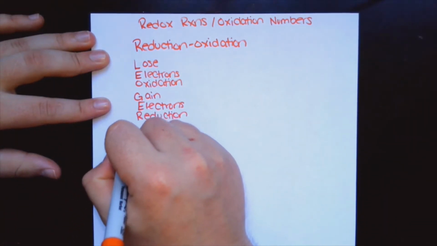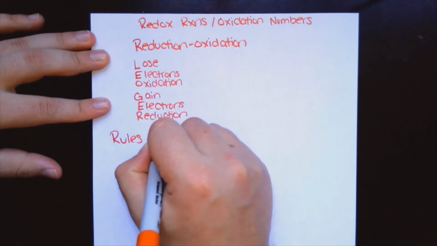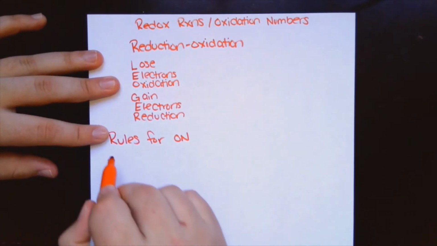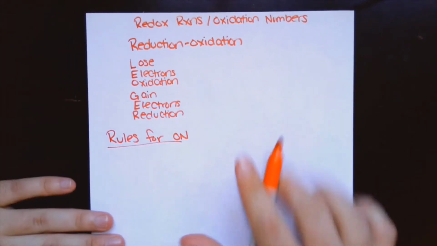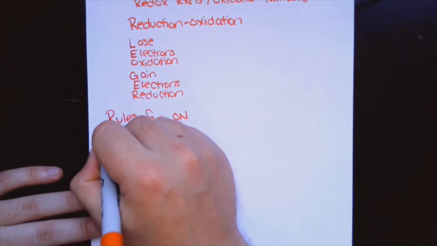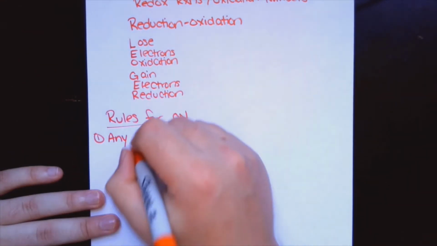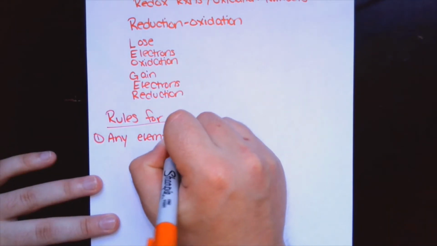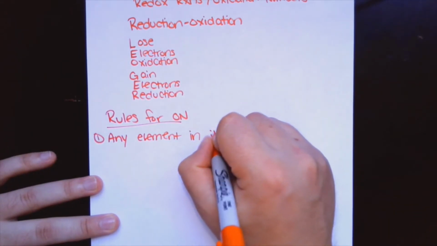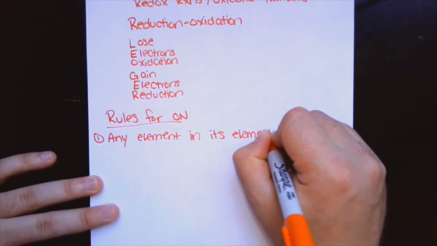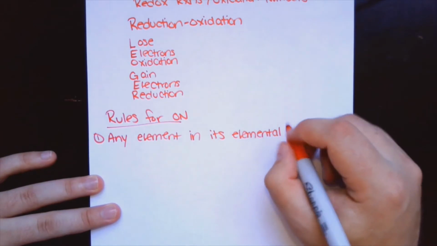Rules for oxidation numbers. Capital ON is just shorthand I'm using for oxidation numbers. The first rule: any element in its elemental state has an oxidation number of 0.